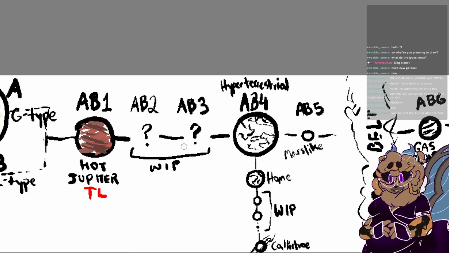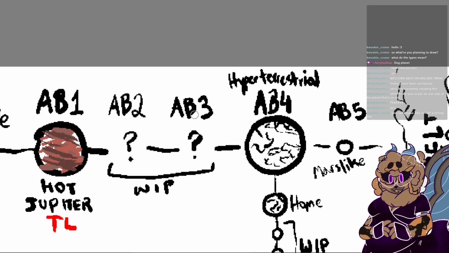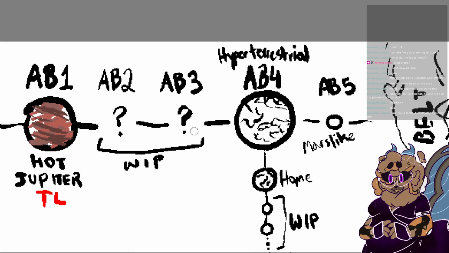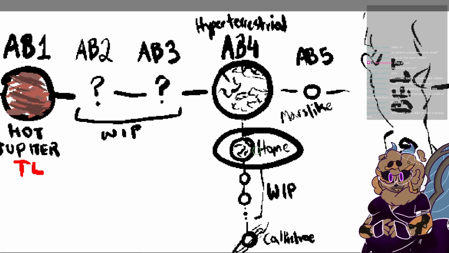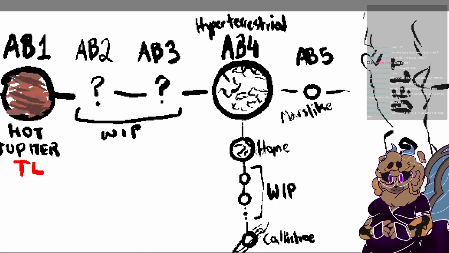I'm thinking it might actually be cool to make AB3 a quasi-habitable planet, like something that's not exactly conducive to life, but not out of the question. Because home here, where the Canastrians live, is a bit colder than Earth. It has a bit of a thicker atmosphere, it is slightly lower gravity, like 0.98 Gs or something like that.